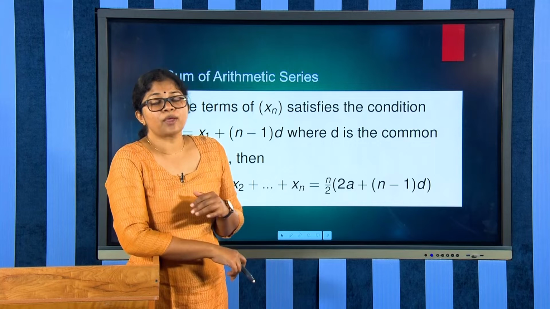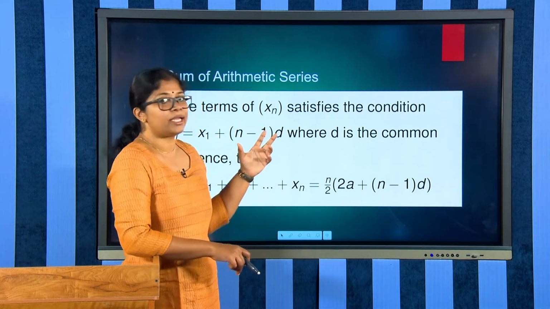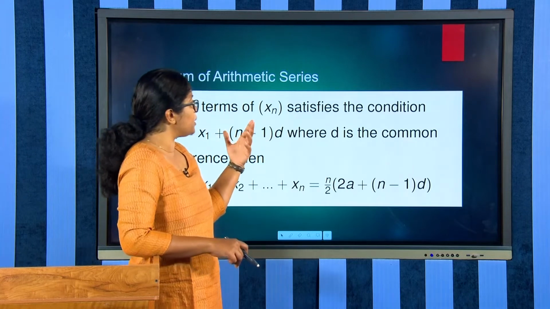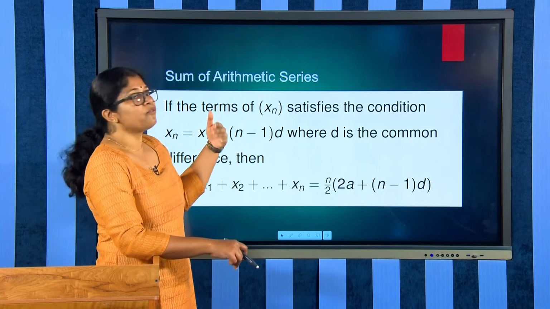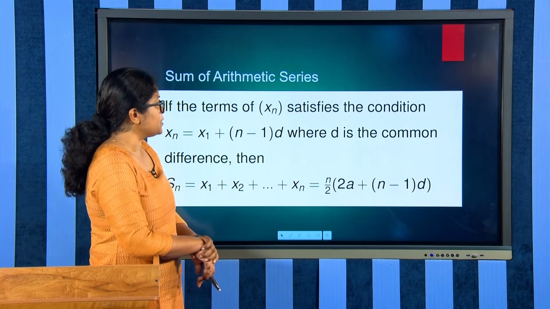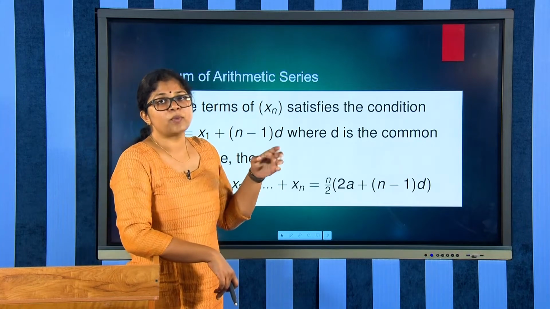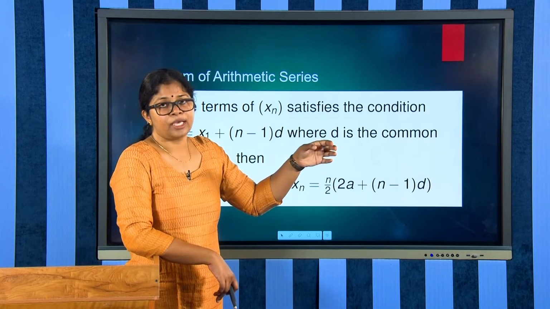As a prerequisite to the next session, we require some terms which are familiar to you, which you might have learned in the previous classes, but we should revisit them. The sum of the arithmetic series. Arithmetic series are series which have terms with a common difference.